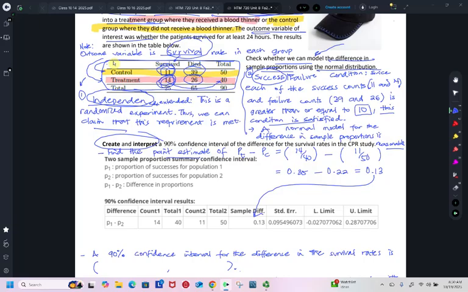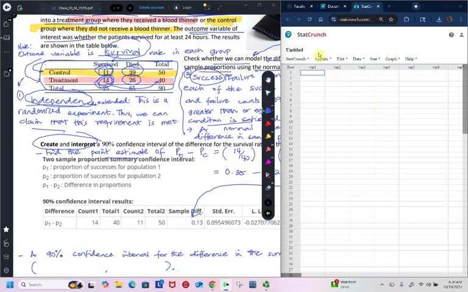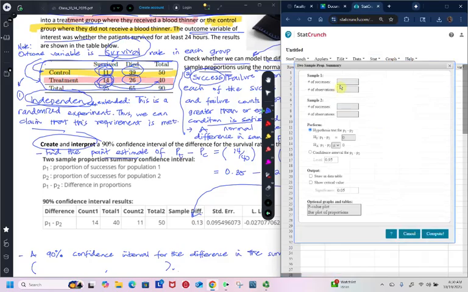Other vital statistics that we're going to need from this summary data, we can get using StatCrunch. So I'm going to go over to StatCrunch, and you go to Stats, and then Proportion Statistics. This time we have two samples, the treatment group first, and then the control group. We have the summary statistics for each of the samples, and we are required to input the number of successes in each.